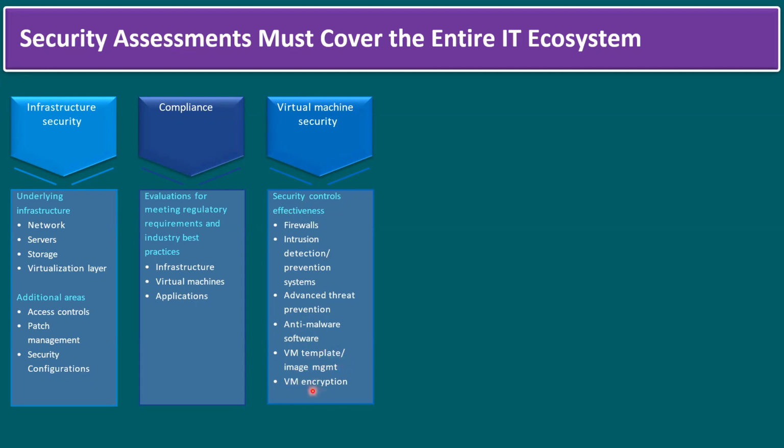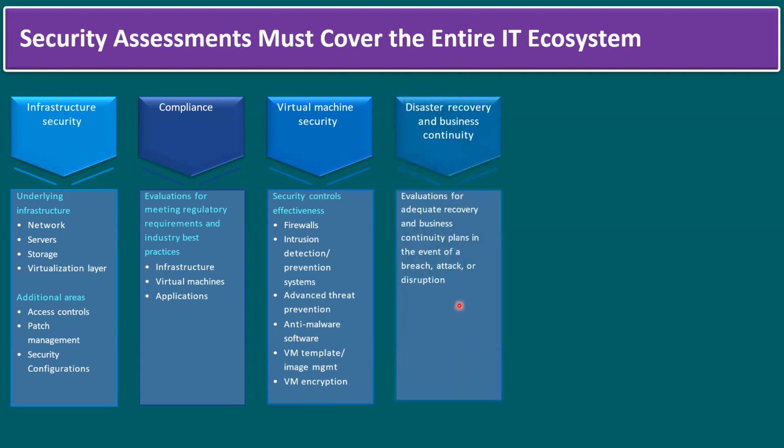Some organizations may use virtual machine default native encryption. Some may use an external KMS server, key management server. Using external KMS servers also, we can encrypt our virtual machine data so that it will be highly secure.